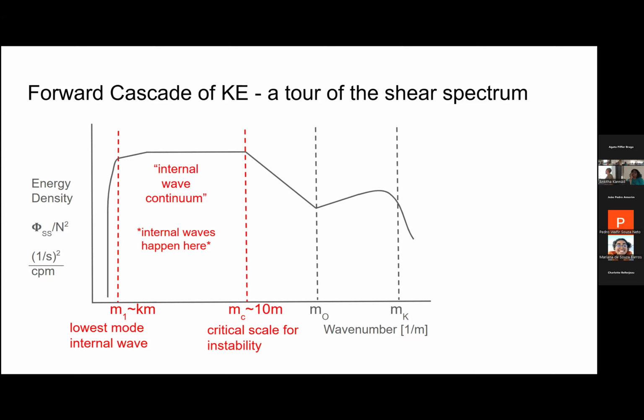That boundary would be whatever your critical scale for instability is. If you are experiencing wave breaking due to shear instability, for a normal thermocline this could be like a 10-meter scale, and that's the example we're going to use. But if you have a convective tide breaking event, that scale could be different.